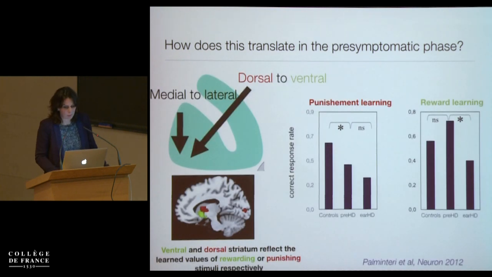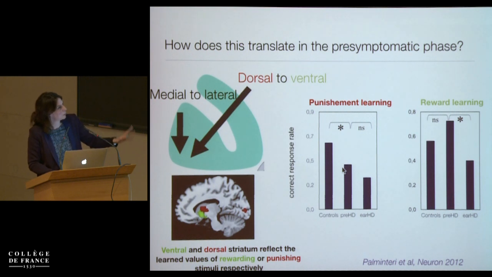And then if you take people who know what they're doing, and in Matthias Pessiglione's group in our center, Stefan Palminteri said, so let's see if we can see something in a really difficult task about reward and punishment learning. I don't put the task up, it's too complicated to explain, but the punishment learning and the reward learning was not exactly the same in carriers.